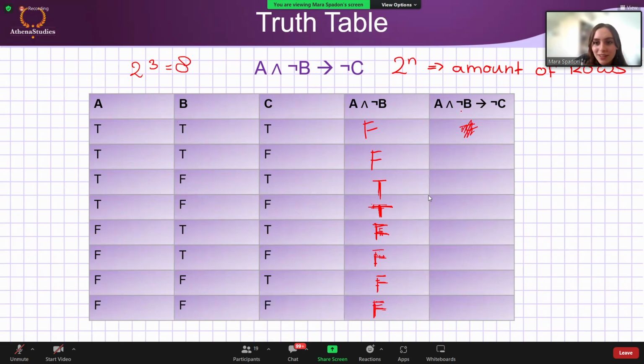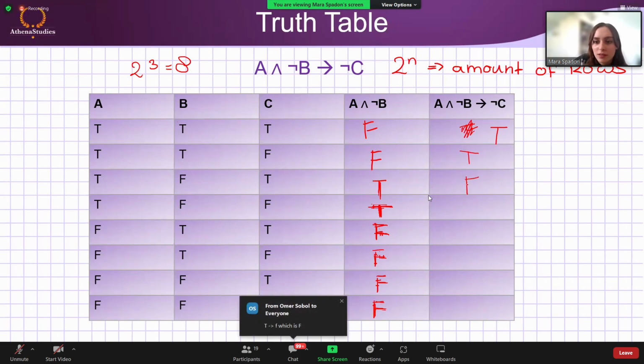Okay, so we look at false implies false. It's true. Yes, sorry. So you're right. That is true. For the next one, we have false implies true, which is true. Yes. Then we have true implies false.